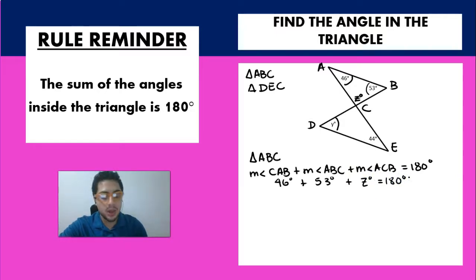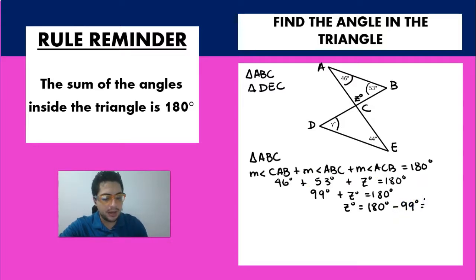Now, as in the previous problem, we know that 46 plus 53 is going to give us an angle of 99 degrees, right? So plus Z, that is going to give us 180 degrees. Now, this 99 is going to pass subtracting, so Z is going to be 180 degrees minus 99 degrees, right?